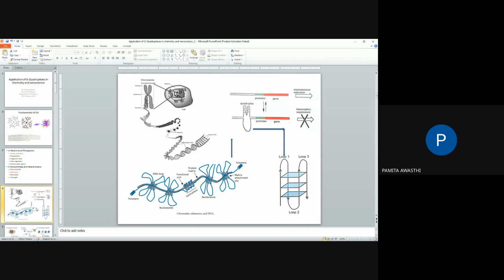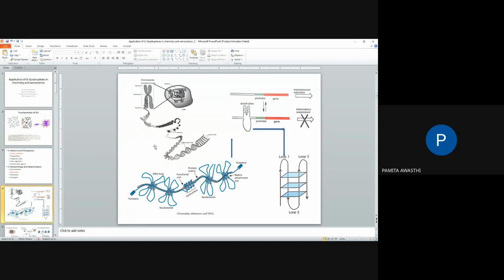So then, let us start with what kind of information, or what we can do with these quadruplex structures in cancer treatment. As we discussed in the first lecture, we discussed the primary, secondary, tertiary, and quaternary structure of the DNA, and they are so long that they require a specific mechanism to get folded inside the nucleus in the form of a chromosome.